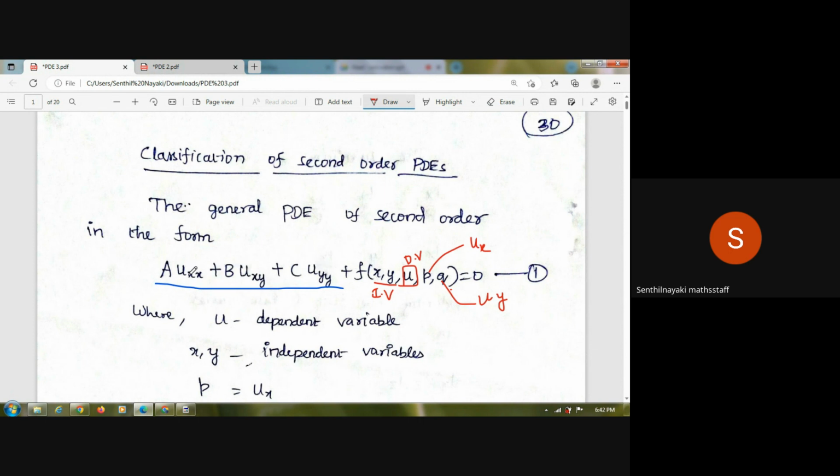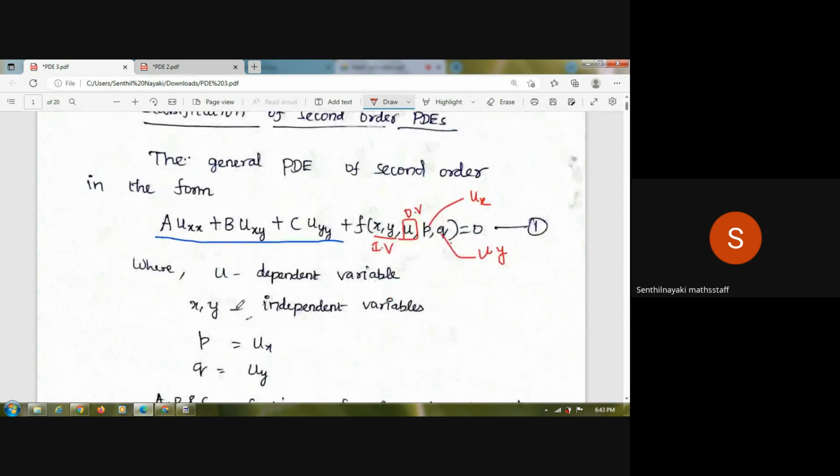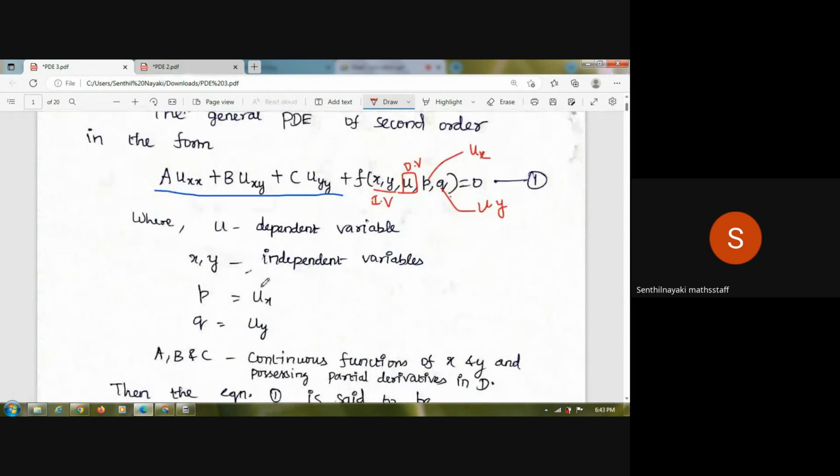Let us assume that the coefficient of uxx is a, the coefficient of uxy is b, and the coefficient of uyy is c. So u is the dependent variable, x and y are independent variables, and p and q are like this.